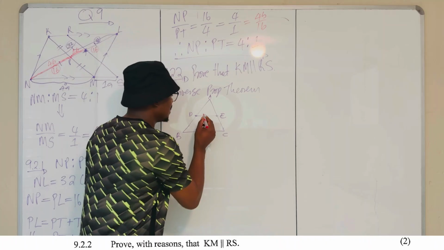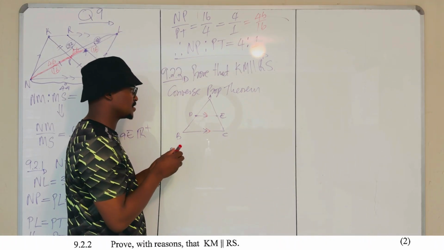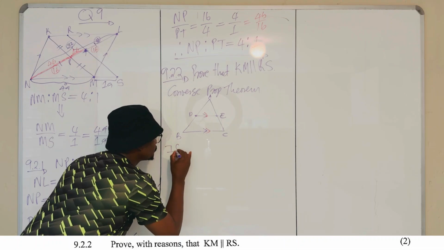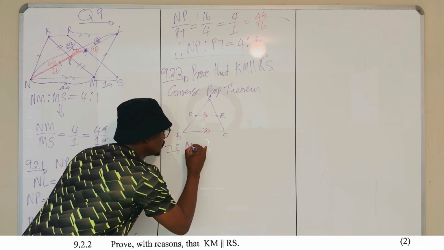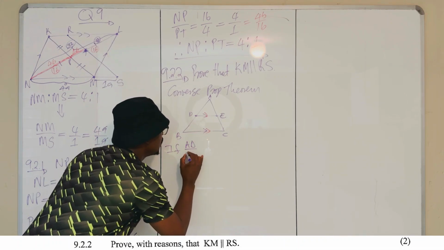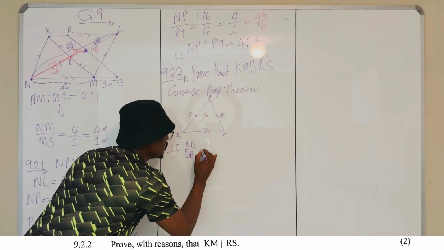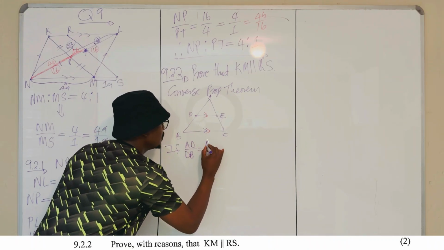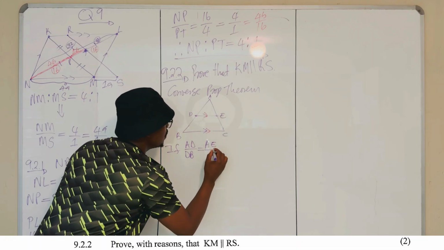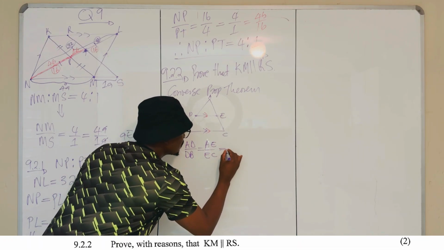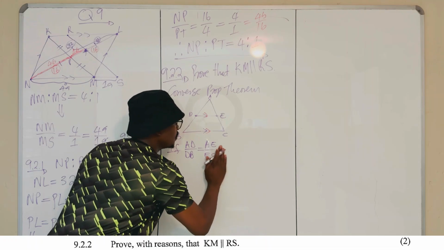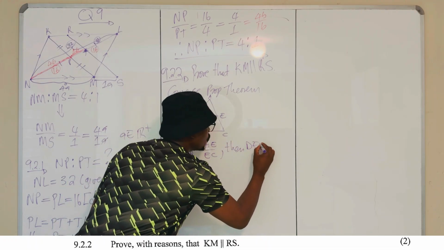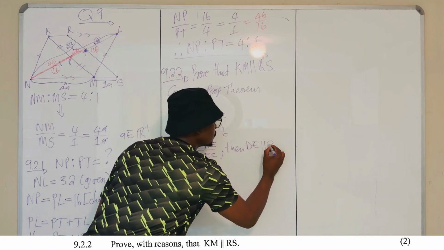So let me use the red ink for the parallelness. In this case, what that means is that if AD over DB is equal to AE over EC, then your DE will be parallel to BC.